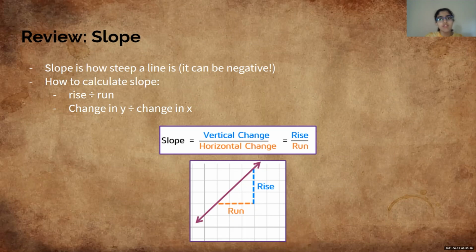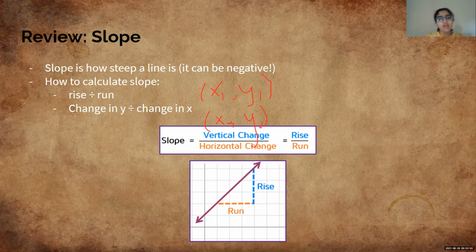And make sure that when you do it, if you have 2 points, x1 comma y1 and x2 comma y2, you should be doing y1 minus y2 over x1 minus x2, or you should be doing y2 minus y1 over x2 minus x1.